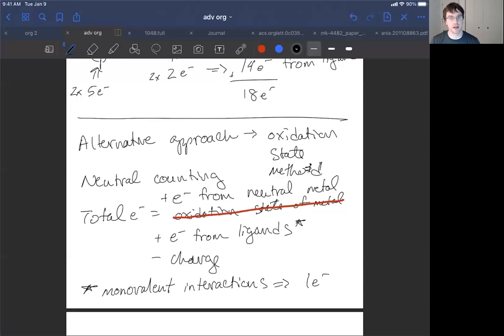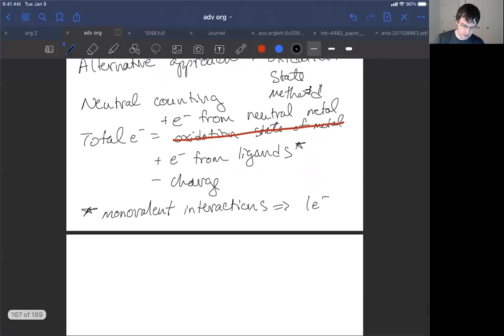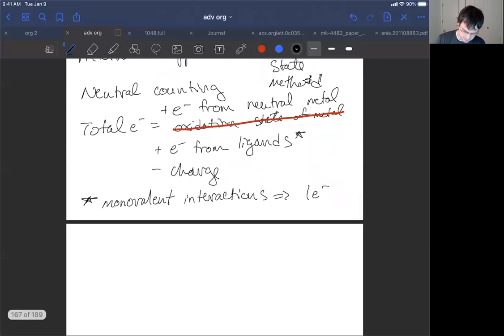So Cp anion really has all 5 atoms adducting to the metal center, but I like to think of it as 2 pi complexes plus 1 monovalent interaction. That allows me to go back and forth between the neutral counting method and the oxidation state method.